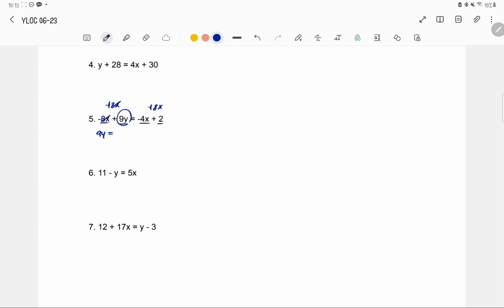And what is negative 4x plus 8x? It's just 4x, right? 4x plus 2. And you divide by 9 on both sides. 4 ninths x plus 2 ninths. So don't be afraid to divide everything. If you get fractions, it's just that number.